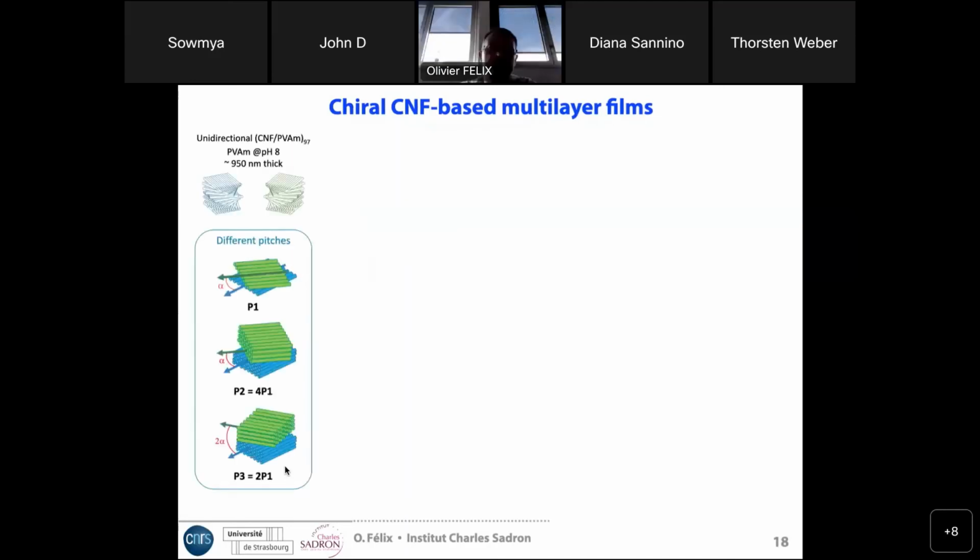In our case, we used helices which are unidirectional and helical, and randomly organized ones, made of 97 layers. That means, I would say, a thickness around 955 nanometers. And you can, of course, play with the pitch by varying the angle or the number of layers.